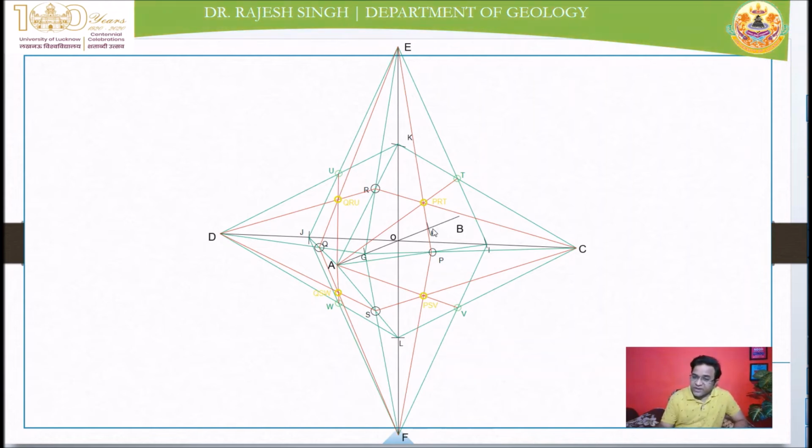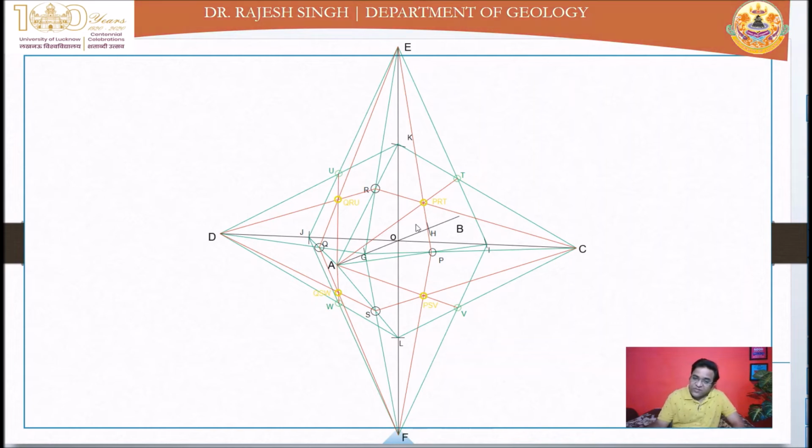Now why am I naming them like PRT, QRU, QSW, and PSV? You can see from this point there are how many lines? 1, 2, 3, 4, 5, 6. Total 6 lines are emerging from this point. From each point 6 rays are emerging.